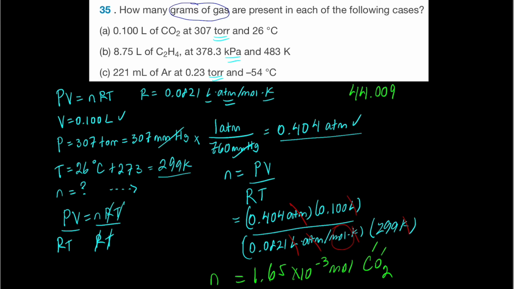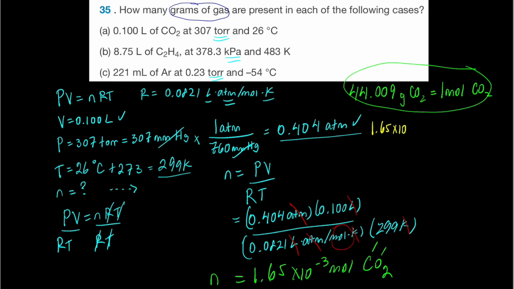Now, what does that number mean? It means that this many grams of CO₂ is equal to 1 mole of CO₂. And this equivalency is going to be used in the following conversion. So we have 1.65 times 10 to the minus 3 moles of CO₂.